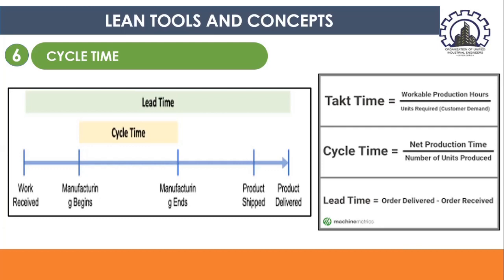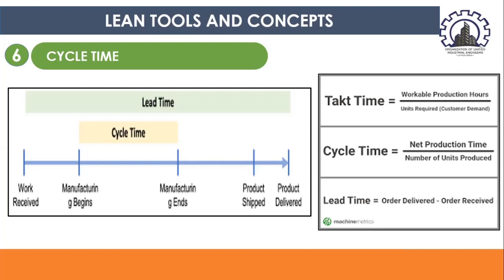Now, as you can see in the example on my left side corner, you have there cycle time. As you can notice, cycle time starts from the beginning of the manufacturing up until the end of the manufacturing. So therefore, cycle time is the time it takes to complete the production of one unit from start to finish. And finally, we have lead time.